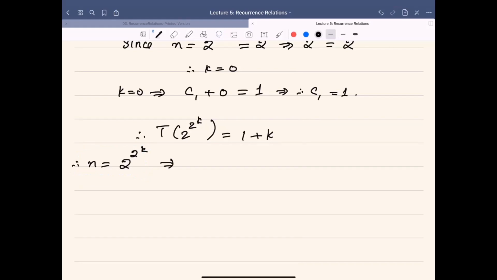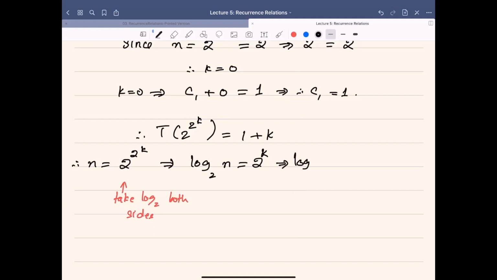Then take log base 2 of both sides. If you take log base 2 of both sides, then on the right hand side will be 2 to the power k. And I will write here, take log 2 both sides. Now again take log 2 of both sides on this equation.